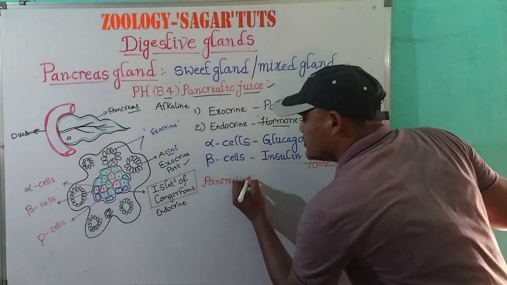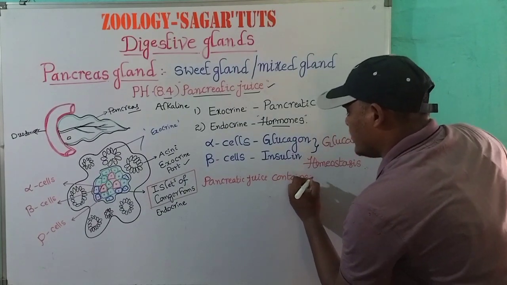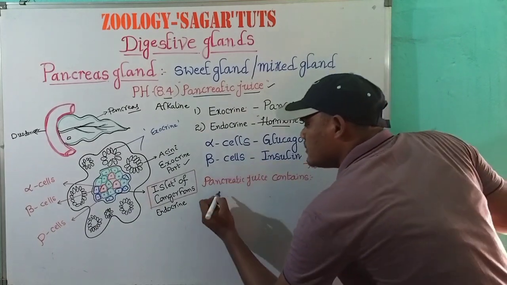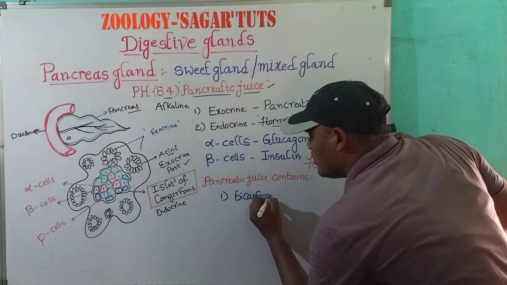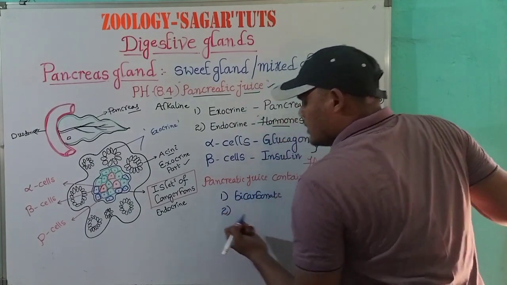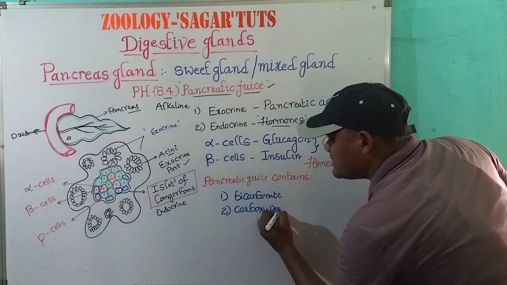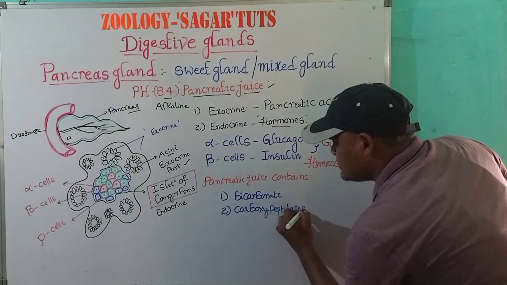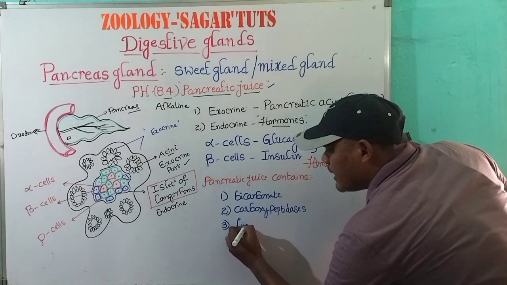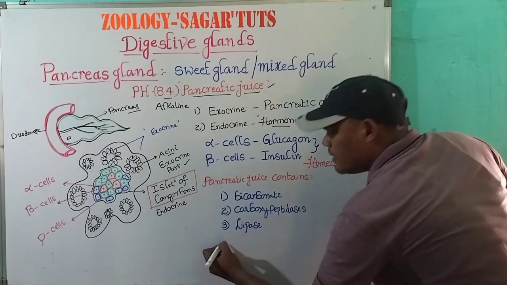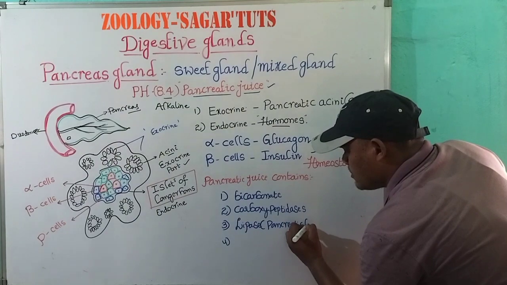The pancreatic juice contains bicarbonate ions, carboxypeptidases, and pancreatic lipase.